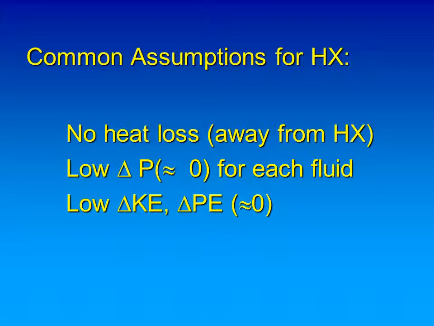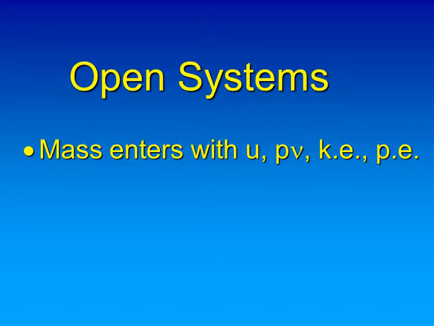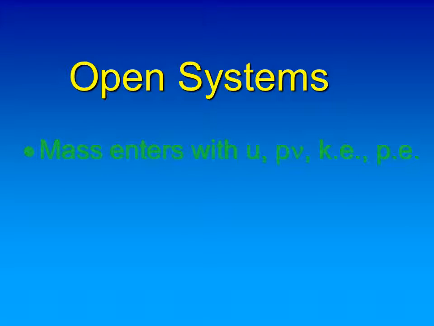Also, we're assuming that there's a low change in kinetic energy and a low change in potential energy, so that the energy per mass is just the internal energy plus the PV term, or enthalpy. So we've looked at open systems, and we've indicated that mass enters with U, PV, kinetic energy, and potential energy, and we'll address these kinetic energy and potential energy with different sorts of systems.